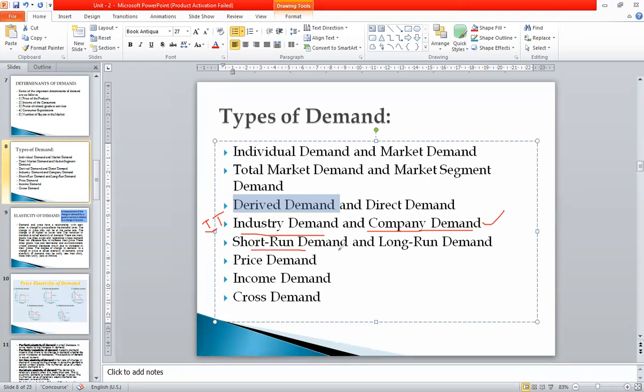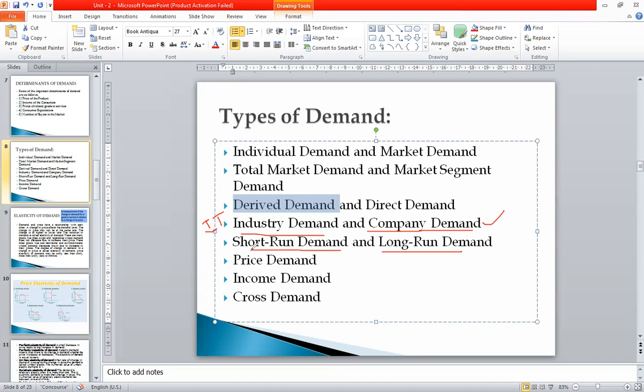Then we have short run demand and long run demand. Short run demand is for a shorter period of time. People purchase in anticipation of a need for a shorter period. During the COVID situation, everyone came forward to purchase dry fruits and other things that give healthy and nutritious food, which made them cautious about their health. That is short run demand.